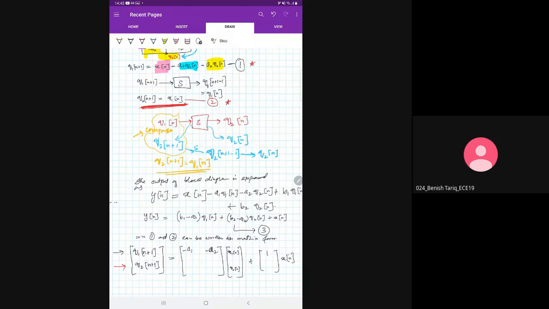You have only q1n on the left hand side of the equation 2. तो आप इसमें लिखेंगे 1 times that will be q1 of n. Since q2 of n is not present, then it will be 0. You will have 0 here. Similarly, xn is not present in equation 2. Equation 1 में x of n है, यहाँ present नहीं है, तो it will be 0.